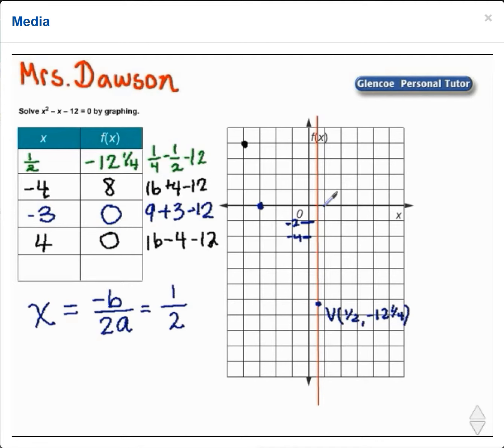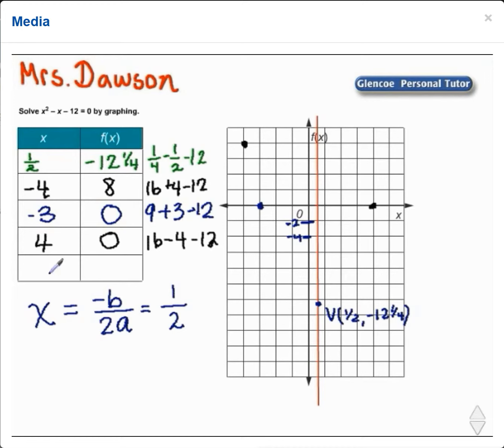So at x is 4, 1, 2, 3, 4, we have the other y-intercept, or excuse me, x-intercept. Now, notice that these are the exact same distance, 3.5 units from the axis of symmetry.